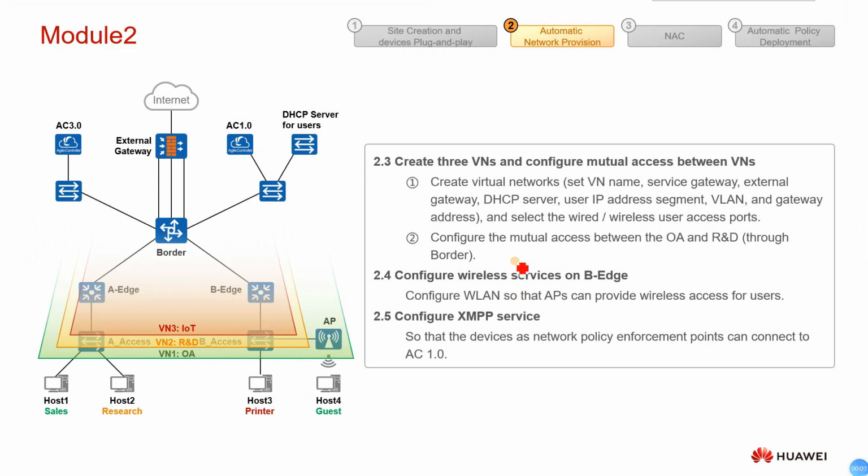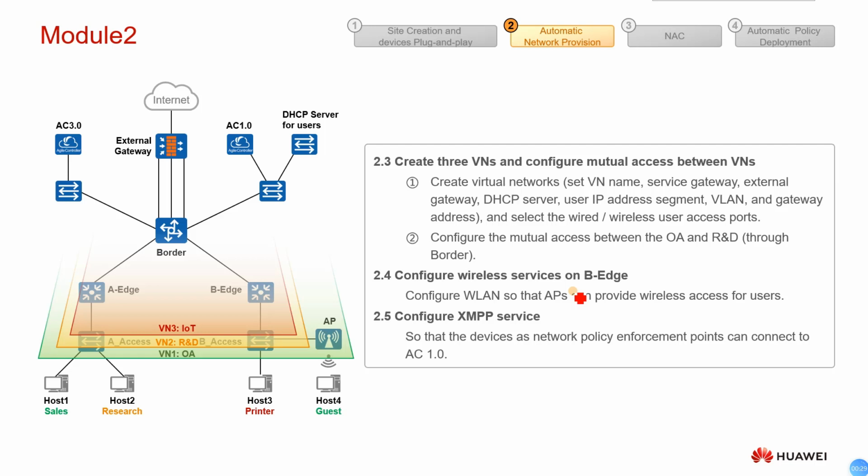And we will also configure the mutual access between different virtual networks, for example, the OA and RD. And as I just mentioned, one virtual network is separated from another totally. So different users from different virtual networks cannot communicate with each other by default.